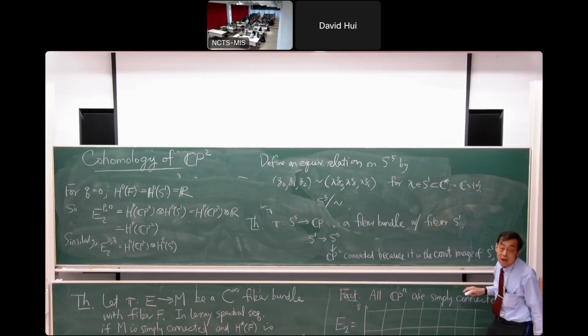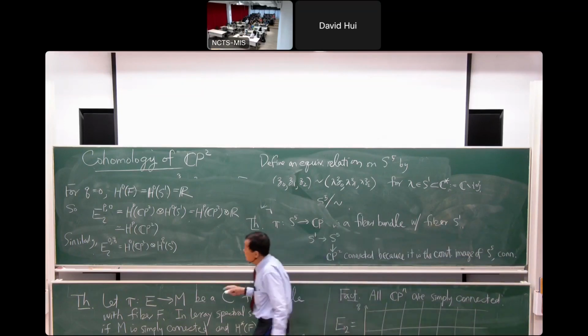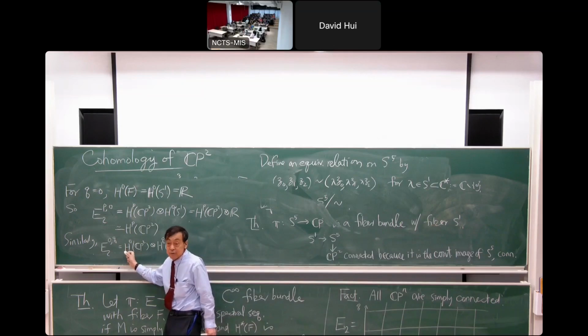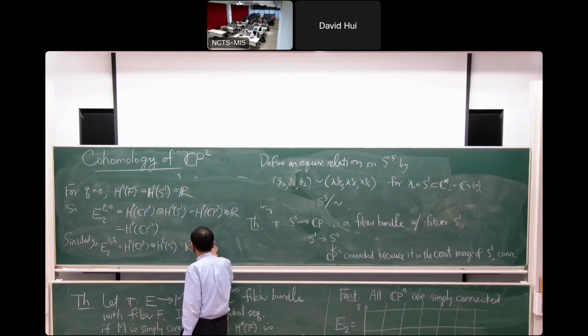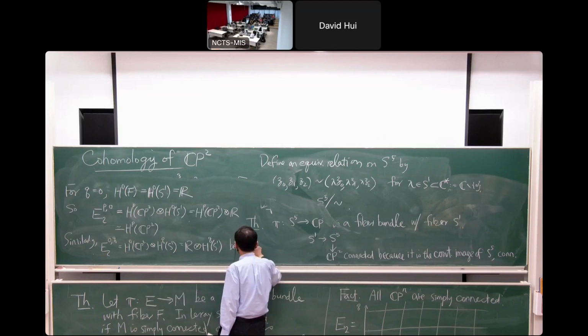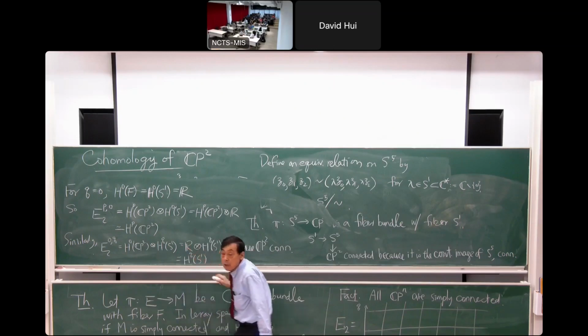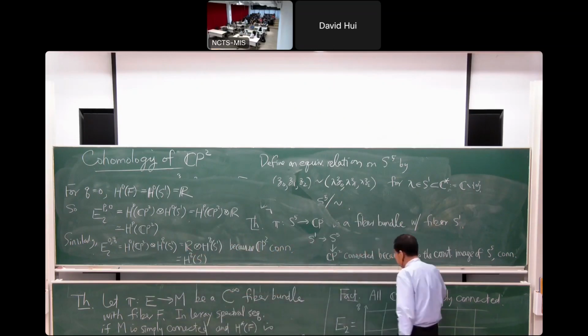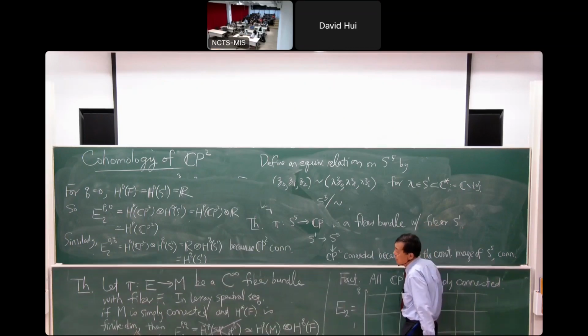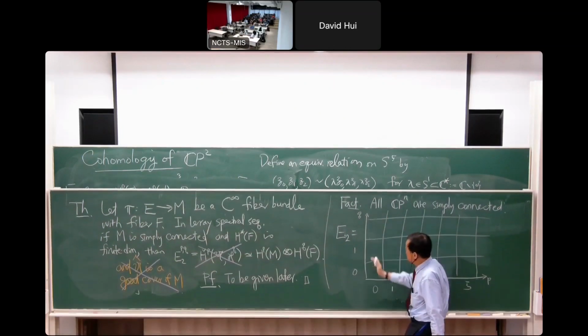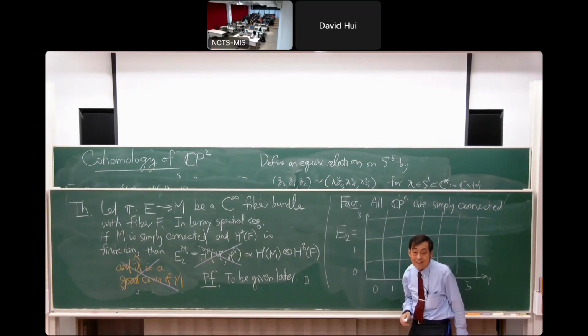And because it's connected, H0 is R. And so this is HQ of S1. That says that the 0th column is just the cohomology of S1, and you know what it is.